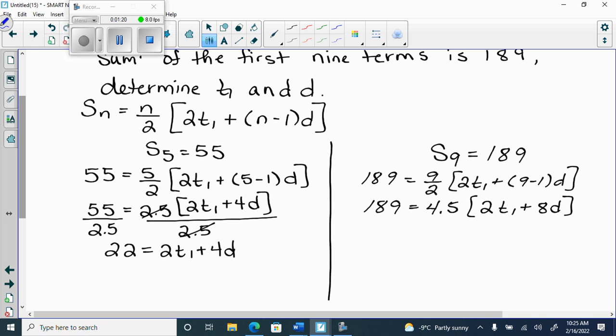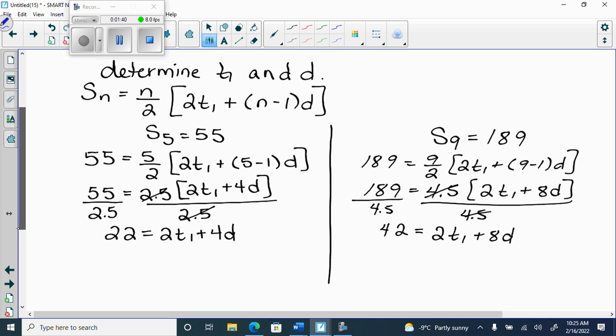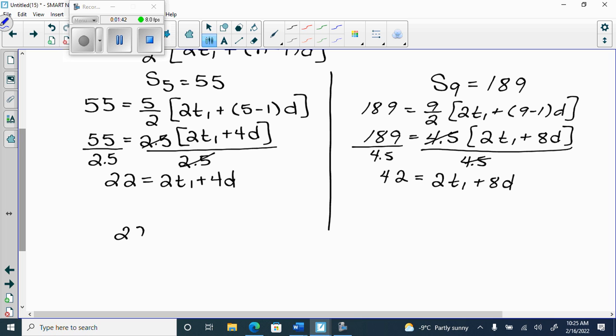Divide by 4.5 and what do we get? 42. Then we stack them. 22 equals 2T1 plus 4D. 42 equals 2T1 plus 8D.